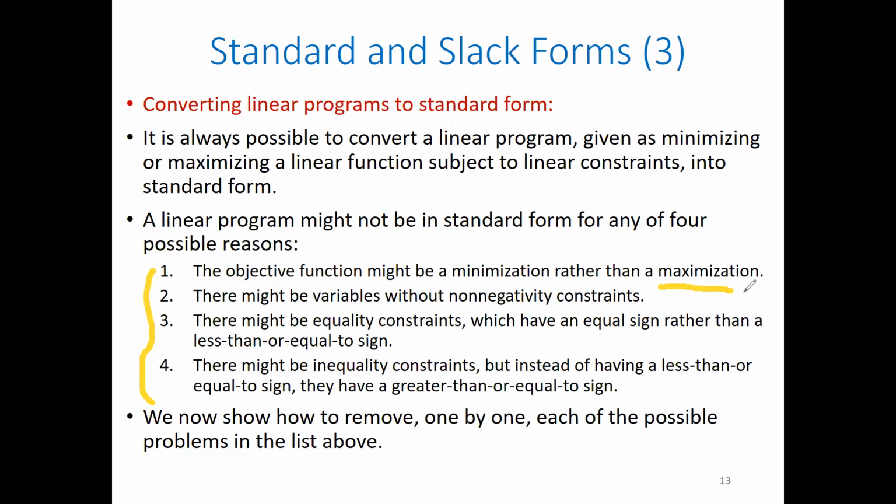As I told you, it should always be maximization. The second case is when the last constraint, the default constraint, is a non-negative constraint. That means there is no constraint on the decision variable, so we have to make sure that exists. There might be an equality constraint, and so we have to make it a less than equal to form. And there might be an inequality constraint of this form, which we have to convert to this form. Now let's see one by one how we do that.